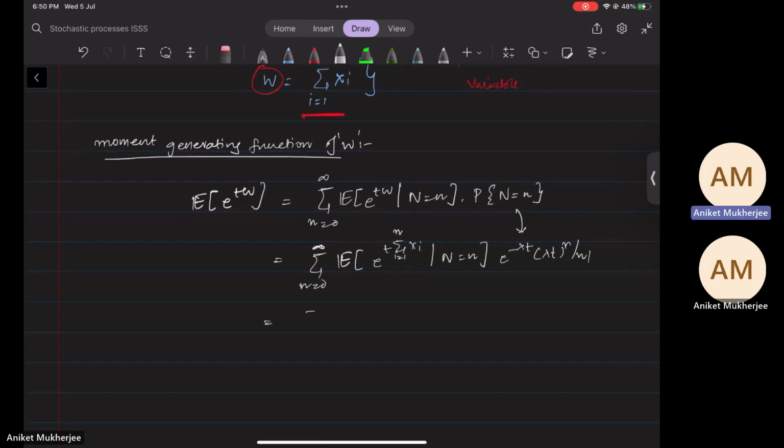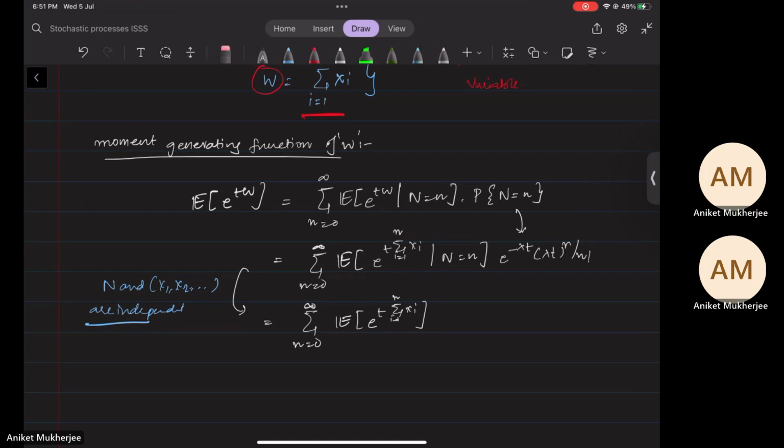Next, we have summation n equal to 0 to infinity, expectation of e power t into summation i equal to 1 to n of Xi. From here to here, we have gone because we know that n and the sequence x1, x2, and so on are independent, so conditioning doesn't matter when the random variables are independent.